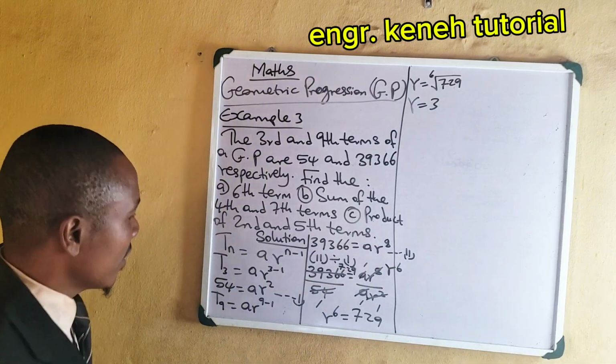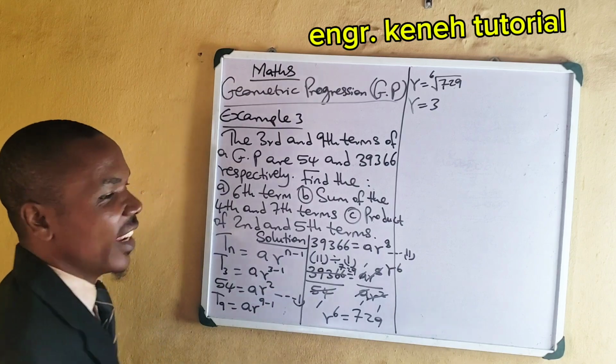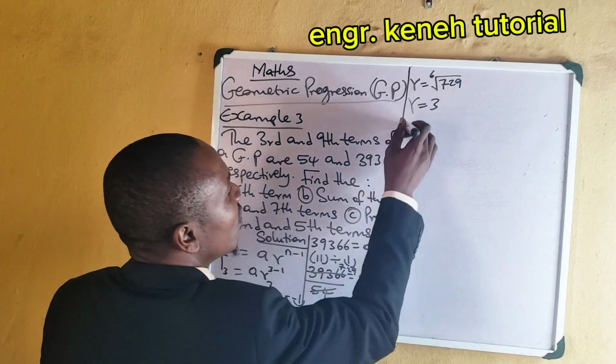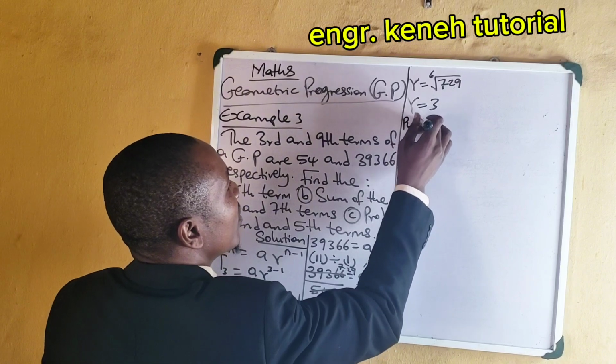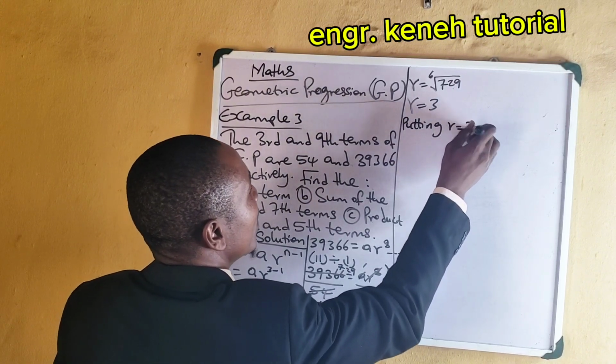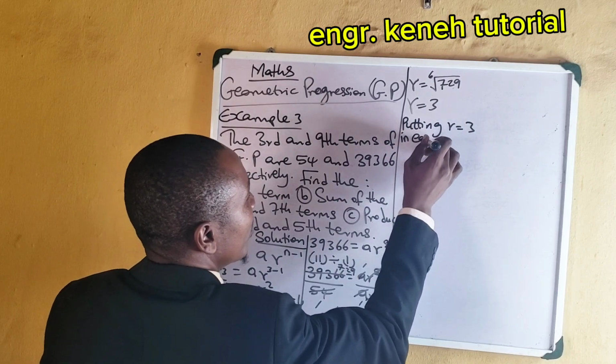All right, since we have obtained this, we will substitute in either of the two equations in order to get the value of our a. So I will say putting r equals 3 in equation 1, let me choose equation 1 because equation 1 is simpler.